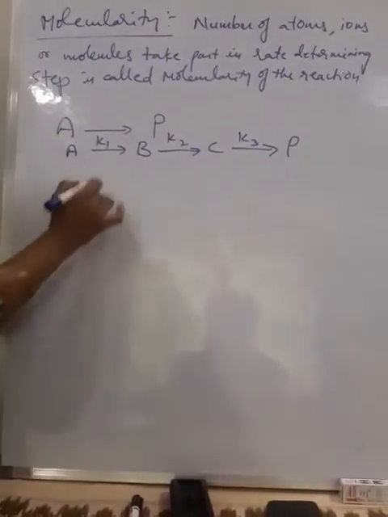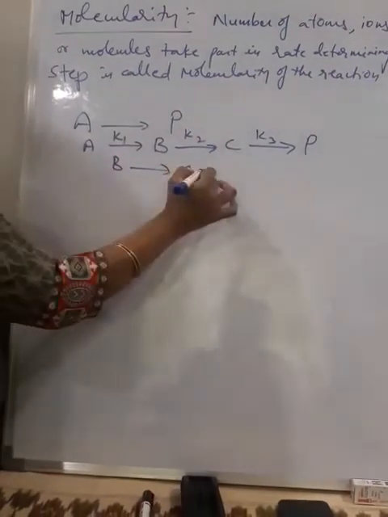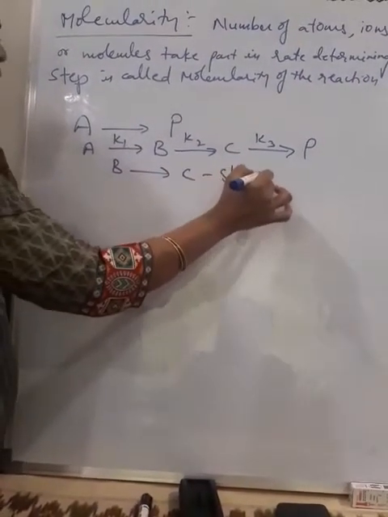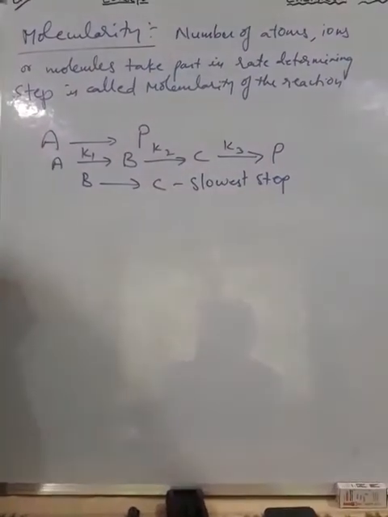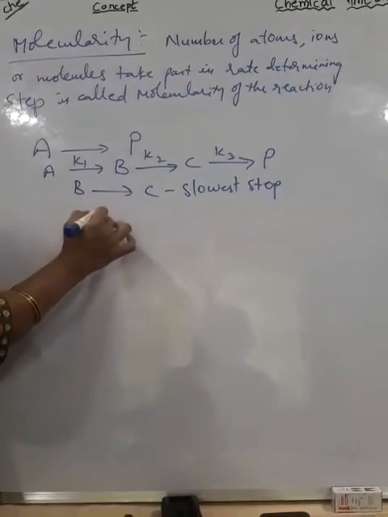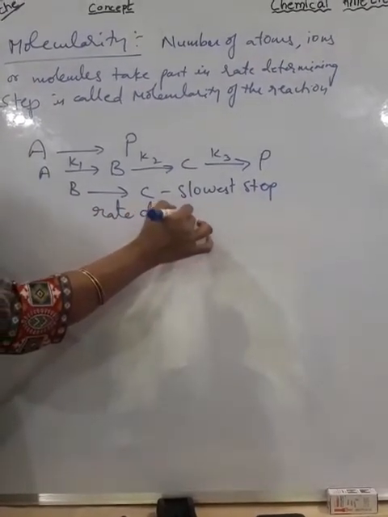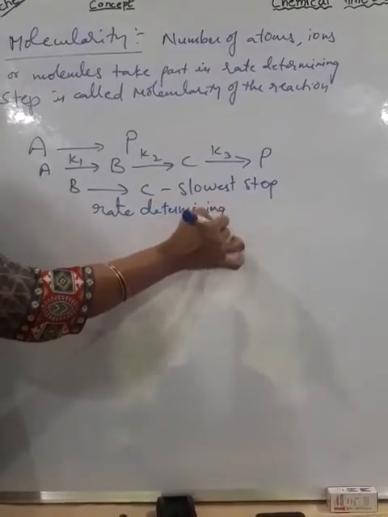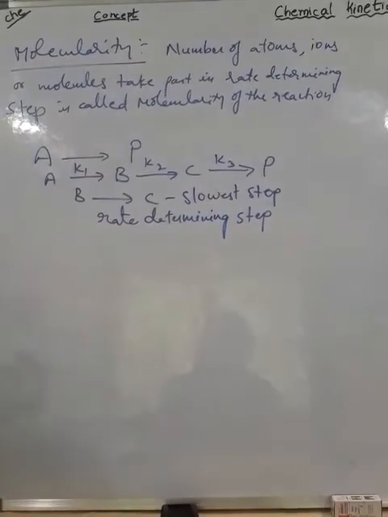For example, B to C is the slowest step, and this step is called the rate determining step.